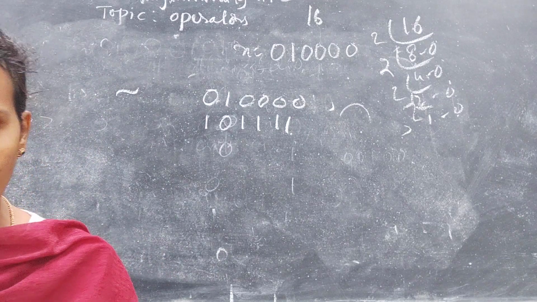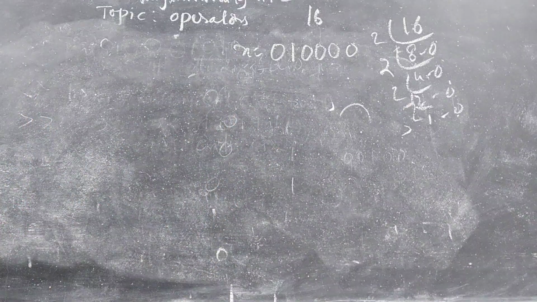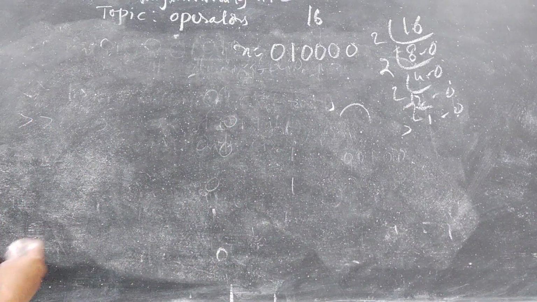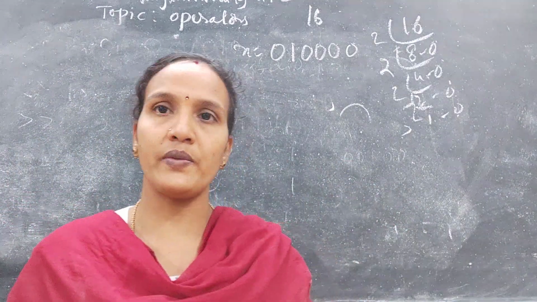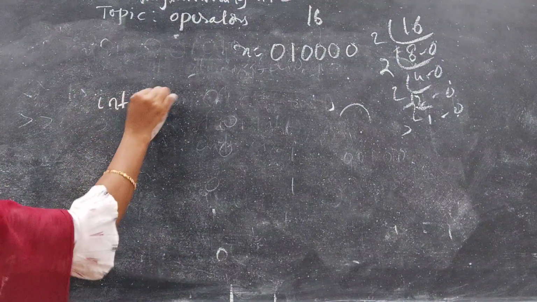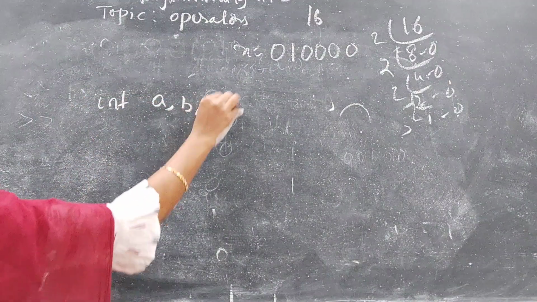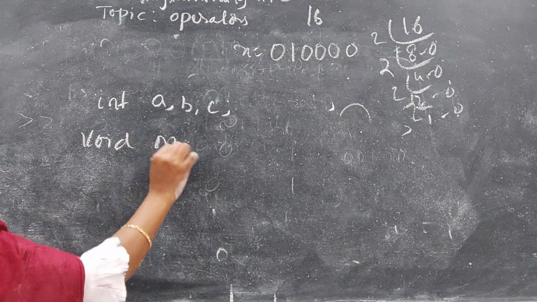The next one is special operators. What are special operators? Other than all these operators that C programming supports, whatever operators you have, all those come under special operators. Like int a, b, c. Example: void main.